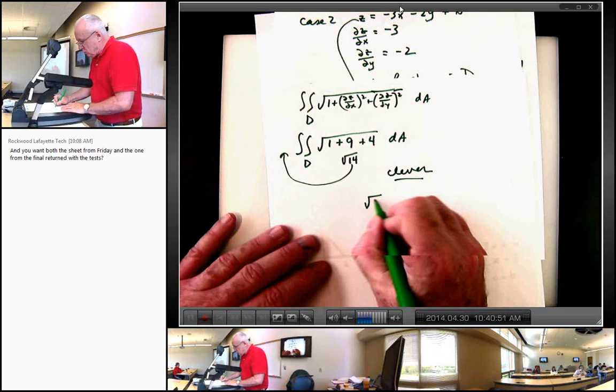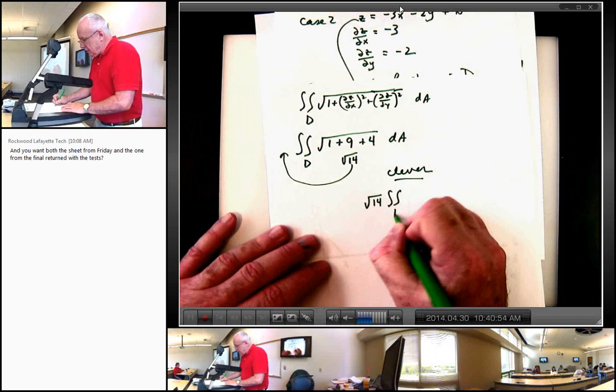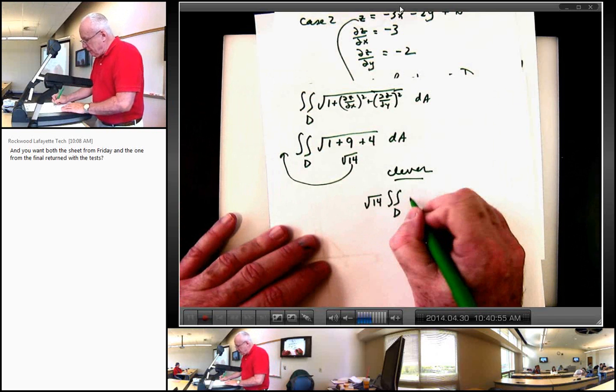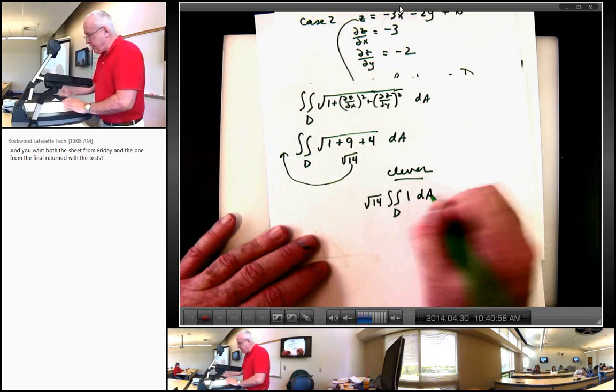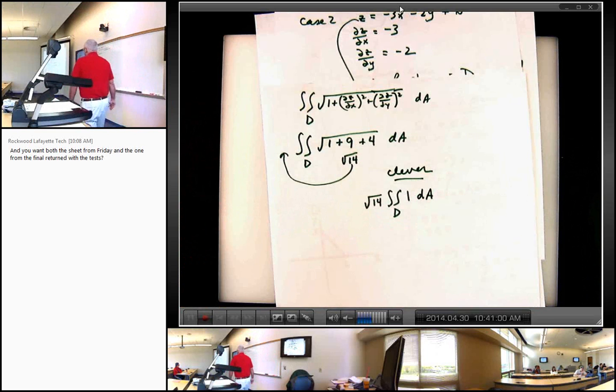So we have the square root of 14 times the double integral over D of 1 dA. Now, this right here is the formula for the area. When you just have a 1 there, that's the formula for the area of D.